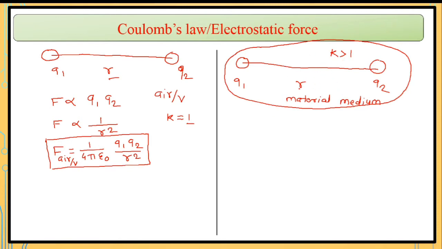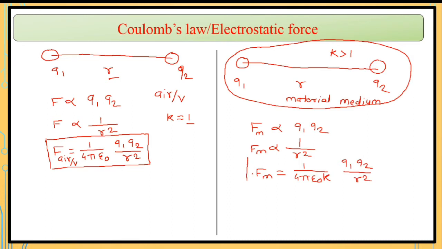In a material medium, the force is directly proportional to the product of their charges Q1 Q2, and inversely proportional to the square of the distance between them. So the force in material medium is equal to 1 upon 4 pi epsilon 0 K, Q1 Q2 upon r square.